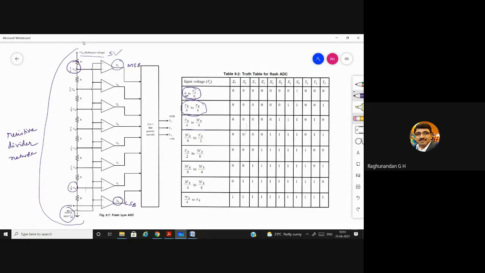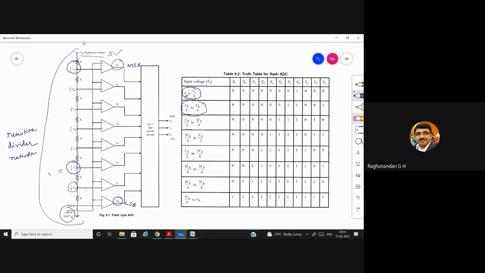So can you tell me which is that op amp which is going to give VR by 4? I mean, that is comparator. These two, right? See, 1 by 8, 2 by 8. What is 2 by 8? 1 by 4.